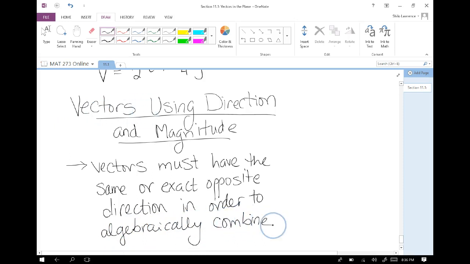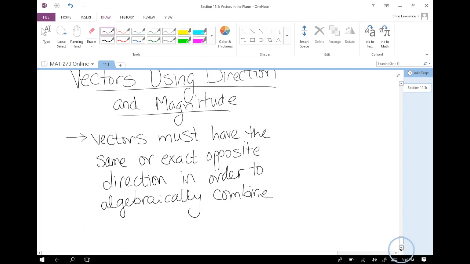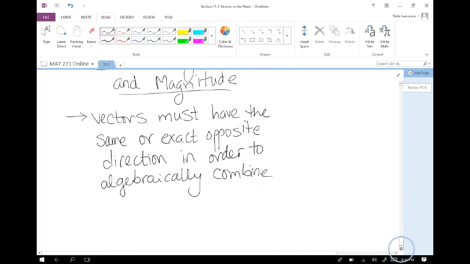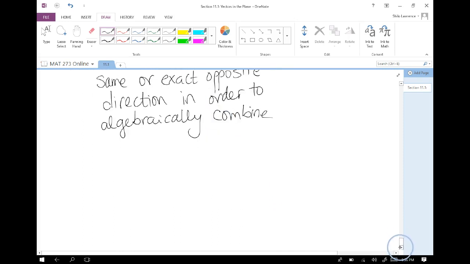So one thing that we need to get proficient in is switching a vector back and forth between its component form and its direction and its magnitude. And this is fairly simple if you know some basic trigonometry.